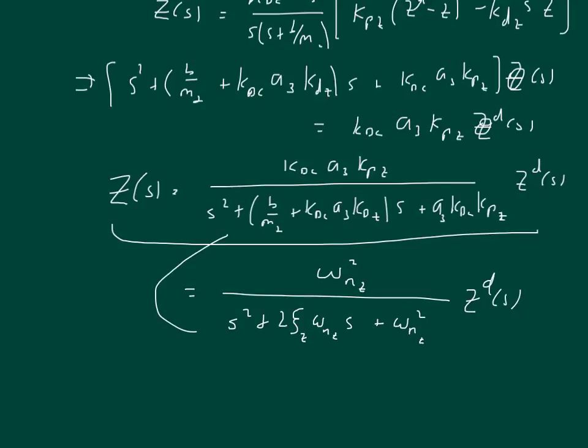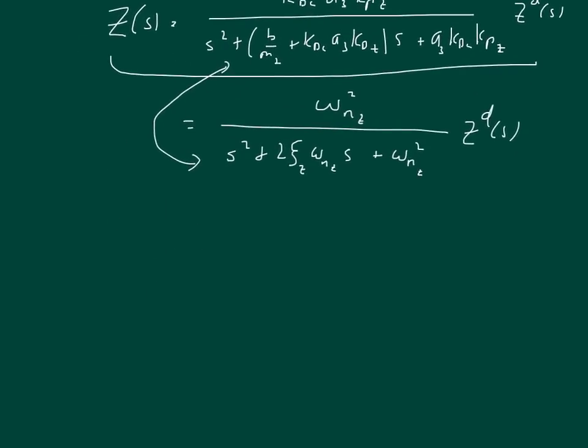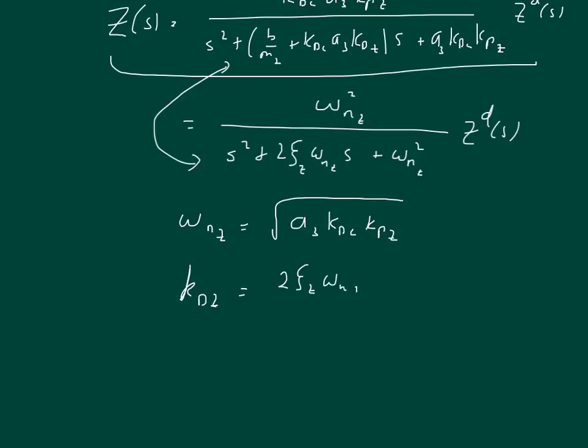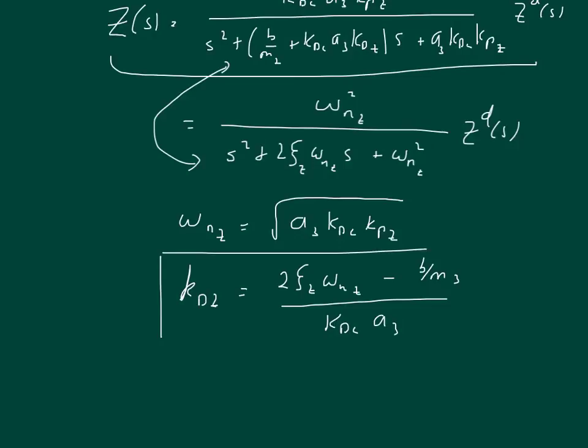And setting the denominators of these two expressions equal to each other, we get that omega n z is the square root of a3 k dc kpz, where we've already chosen kpz, and then kdz is going to be equal to 2 zeta z omega n z minus b over m3, all divided by k dc a3.